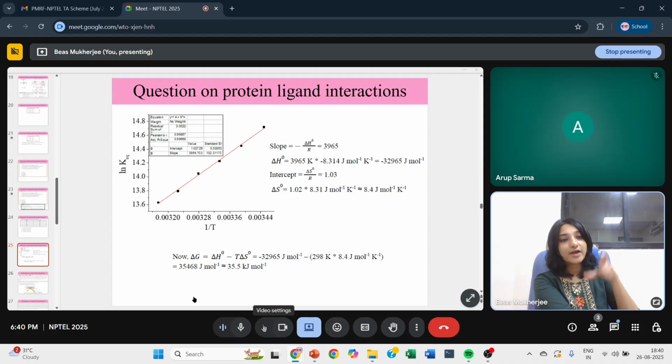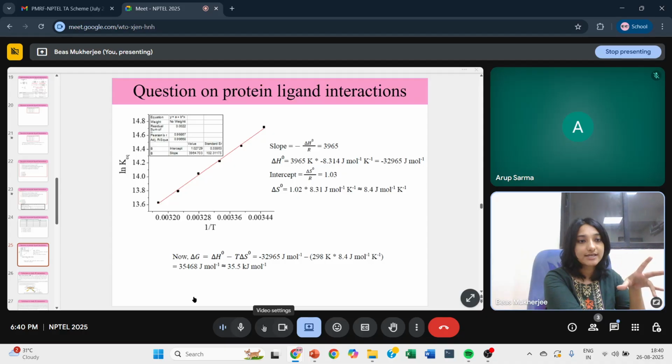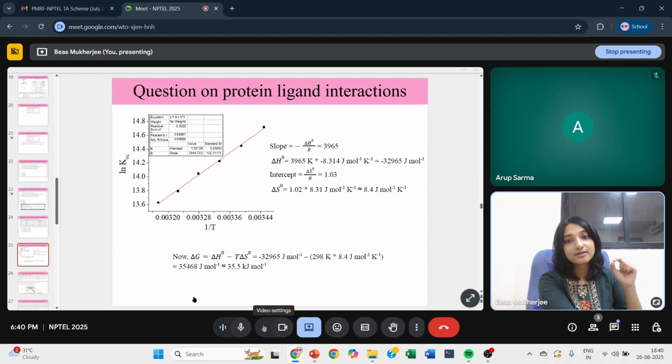So all the different values are given. Based on that, you get this graph, and from there you get the slope, and you get this change in enthalpy, that is delta H naught. You're getting this particular value, and delta S naught divided by R will be the intercept, and from there you get the value of delta S naught.